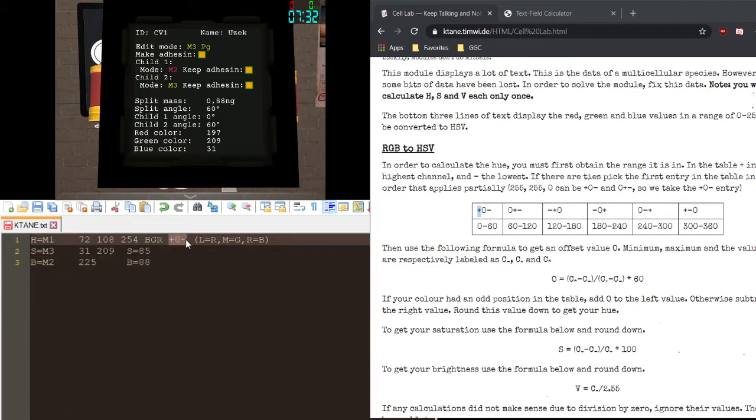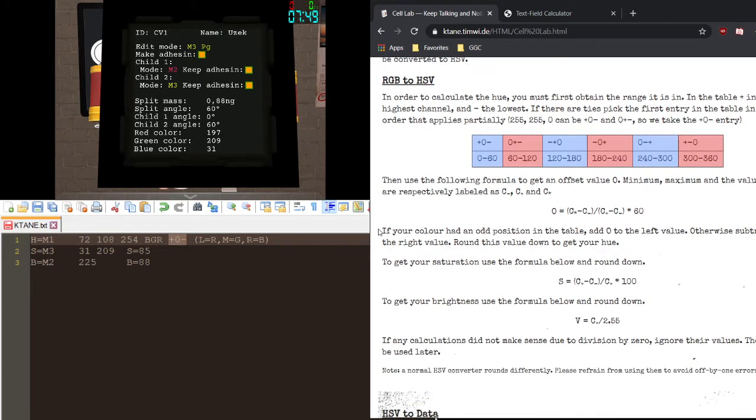Let's take this and compare it to the table, which is this entry. Now I'm going to go ahead and explain one thing. Let me just highlight these in different colors. If your color had an odd position in the table, which is represented by the blue columns, then you add O to the left value.